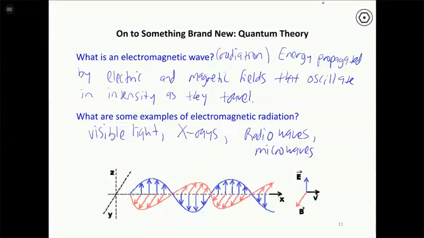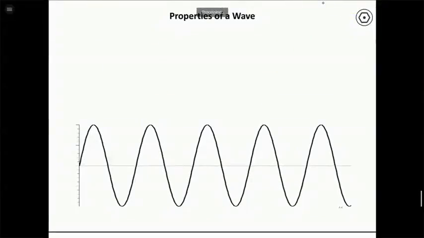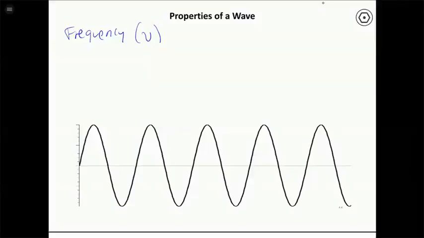So we have certain properties of a wave that we want to be familiar with. This is what it looks like in what we call a standing wave. One parameter that's very important is called the frequency. We're going to abbreviate this with nu, a Greek letter that kind of looks like a V with someone blowing wind on it. It's a little bit tilted V. I'm not very good at drawing them, but that's what it is.